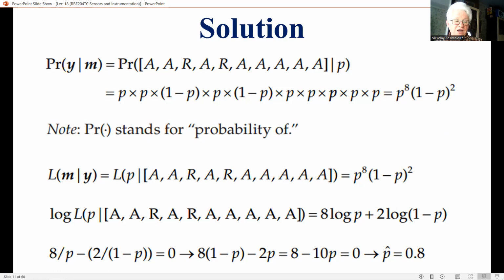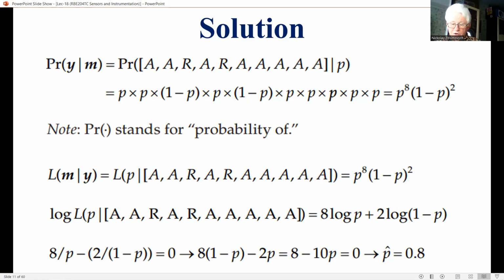We need to determine the value of P that maximizes our likelihood function, the likelihood function L of M given Y. To obtain it, we may differentiate the second equation, equate to 0, and solve for P. Analytically, an easier way to achieve the same result is to use the fact that the logarithm is a monotonically increasing function, and hence use simply the logarithm of L as a modified likelihood function and maximize it.